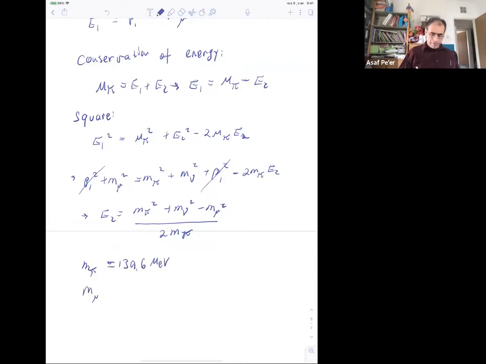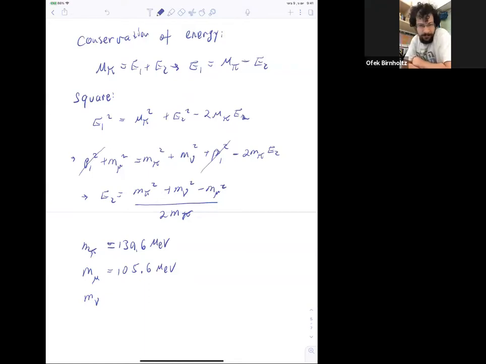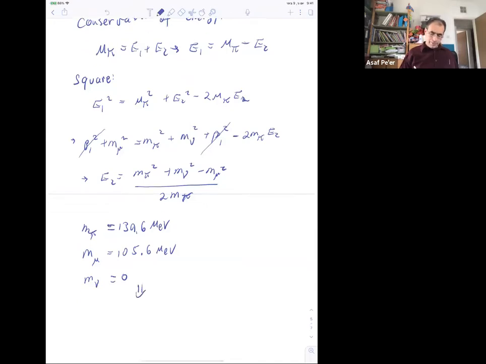The mass of the muon is 105.6 MeV. What is the mass of the neutrino? Almost 0. That's right, so we can simply put it as 0. If you put it in, you end up with E2 of 29.8 MeV.